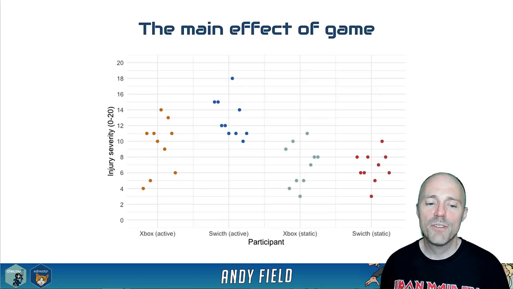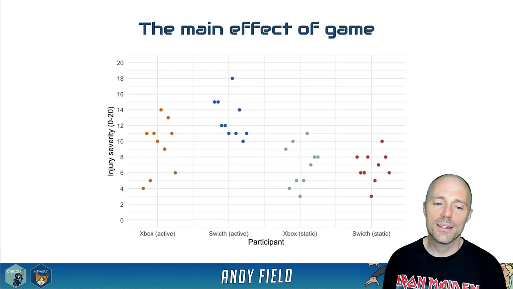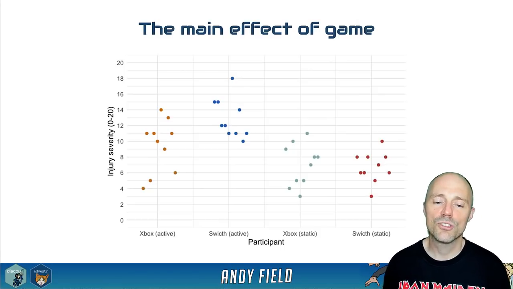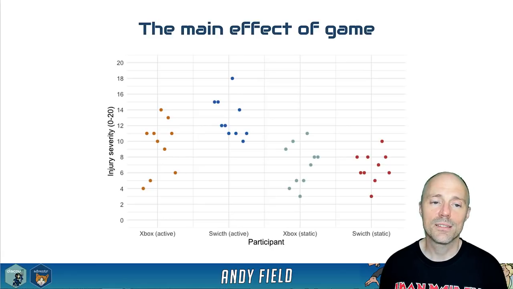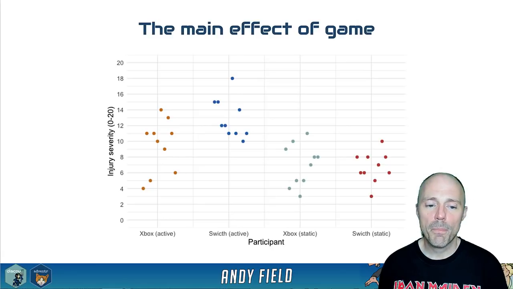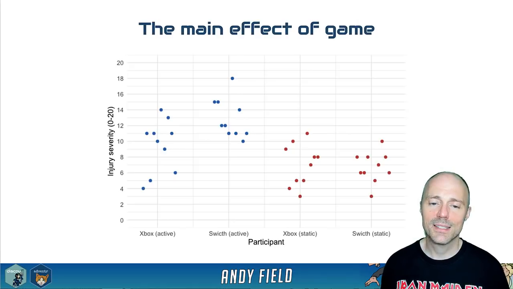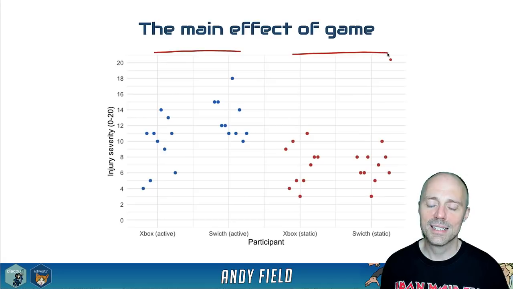If we look at the main effect of game, what we're asking here is whether the active games lead to more injuries than the static games, or vice versa. So again, I'm going to put all of the active game data in the same color and all the static game data in the same color. Now anyone who played an active game is on the left hand side of the screen, anyone who played a static game is on the right hand side.